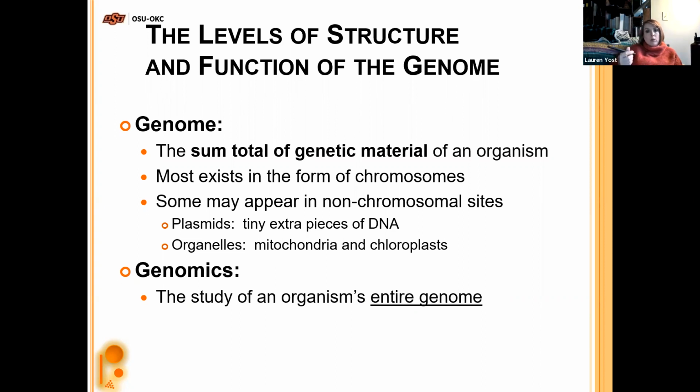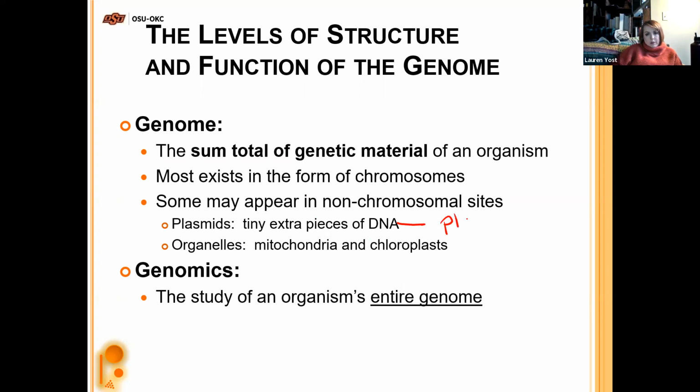When we talk about the genome, we're literally talking about all of the genetic material in the organism. We're not just talking about the chromosome, we're talking about everything that could code for anything. Most of it is the chromosomal portion, but in the case of bacteria we can also have plasmids, which are tiny little extra pieces of DNA.